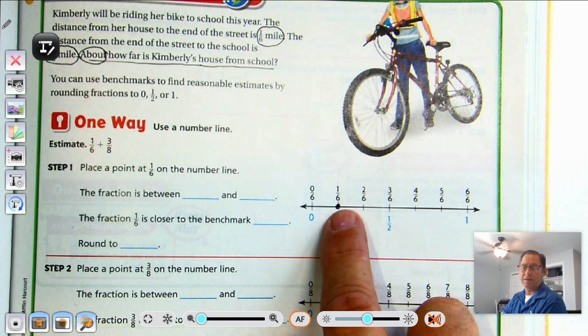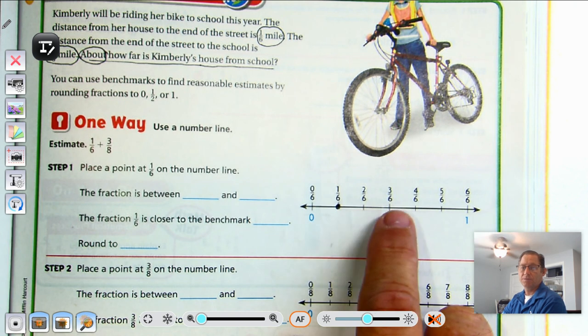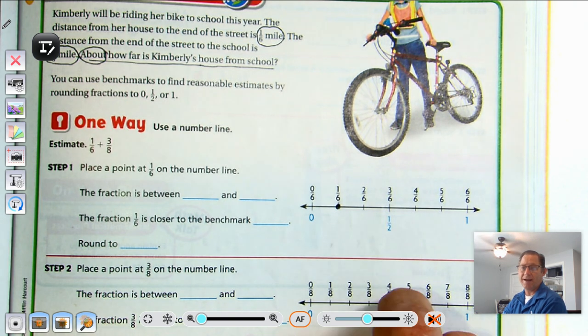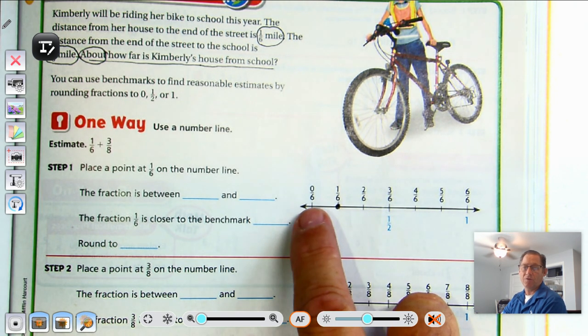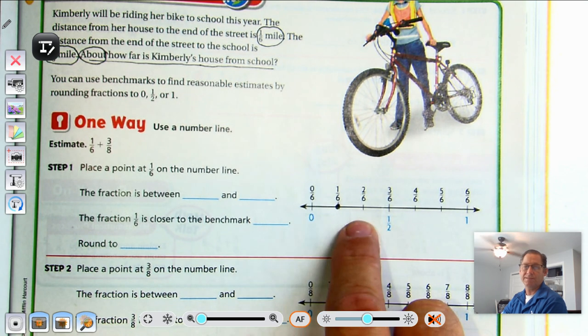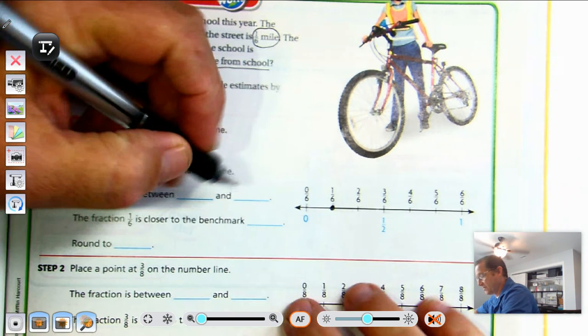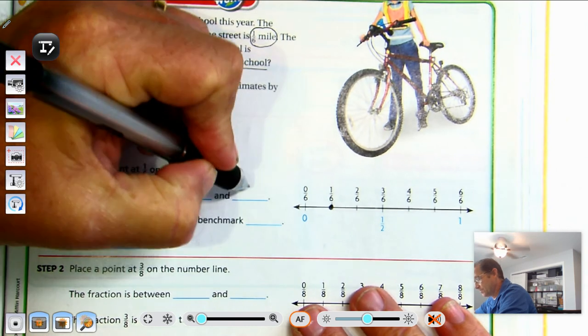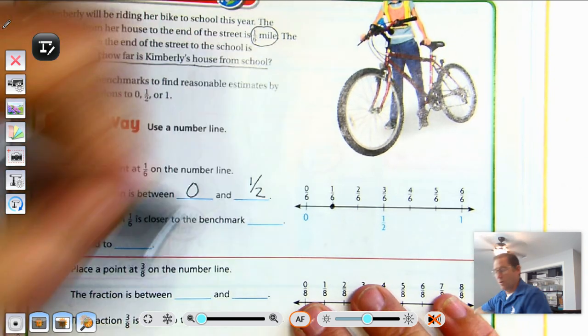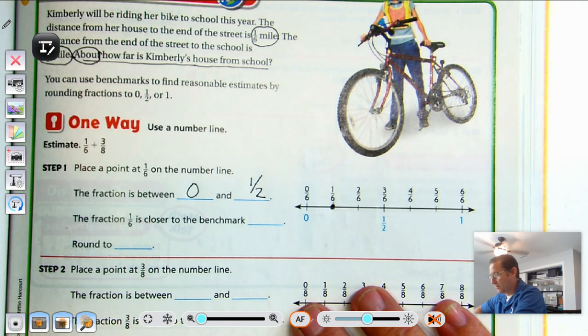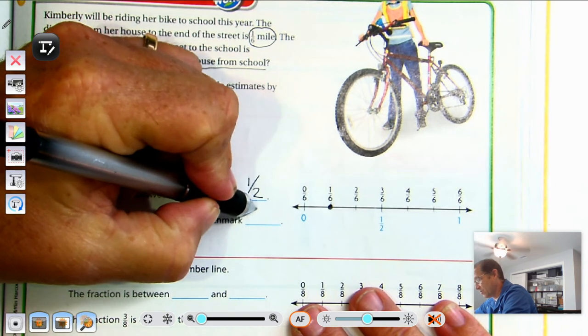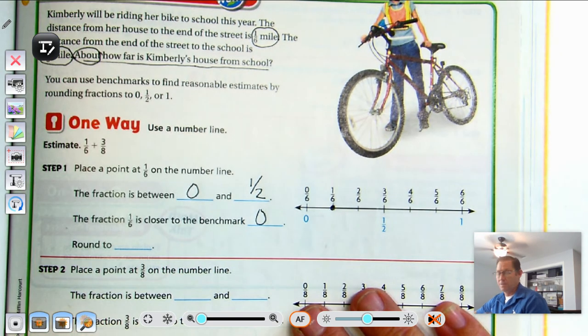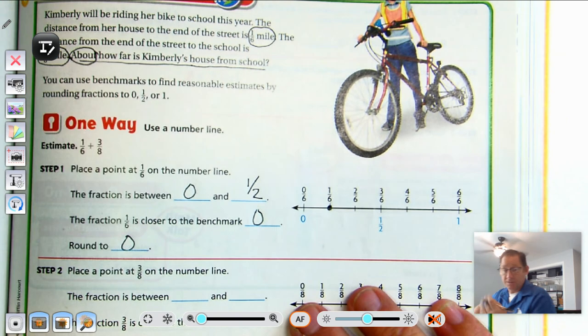Well, just on the number line, I have to go 2 jumps to get to 1/2. And to get back to 0, I only have to go 1. So 1/6 is closer to 0. So the fraction is between 0 and 1/2. The fraction 1/6 is closer to the benchmark, 0.